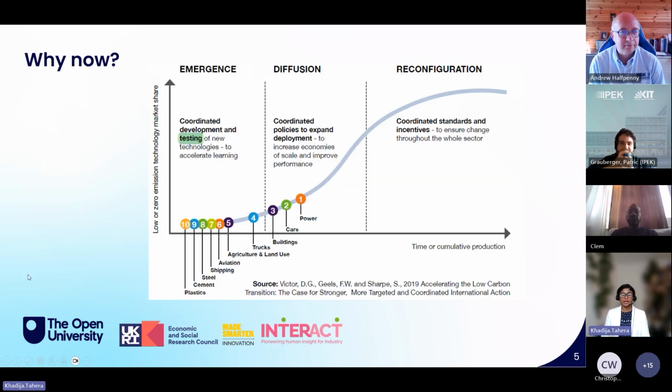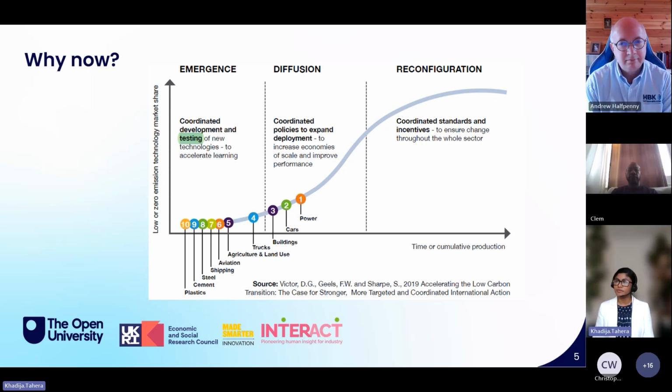So why do we need to think about testing, verification, and validation now? I like to demonstrate the reason with this diagram, which was developed by Energy Transition and Victor Gale and Sharp.